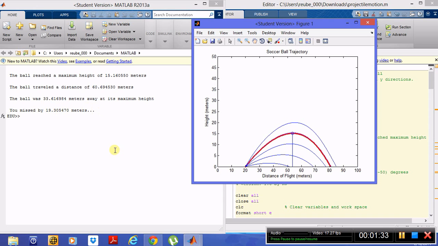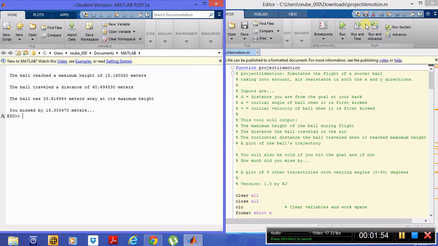I was 19 meters short of this mark here. These blue traces give me the 10, 20, 30, 40, and 50 degree angles for the same velocity and distance. It just shows me where my shot could have gone if I had chosen differently.